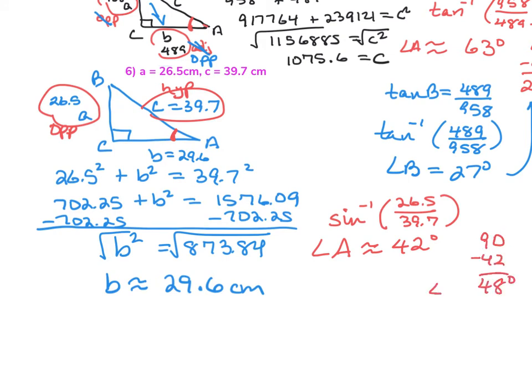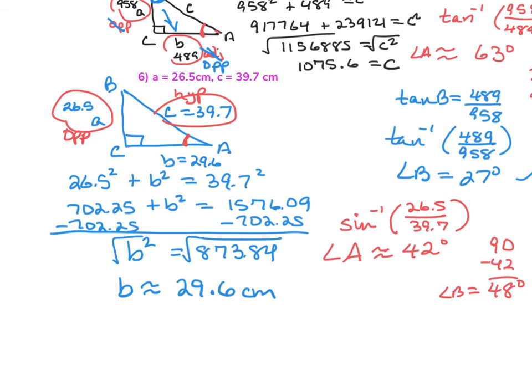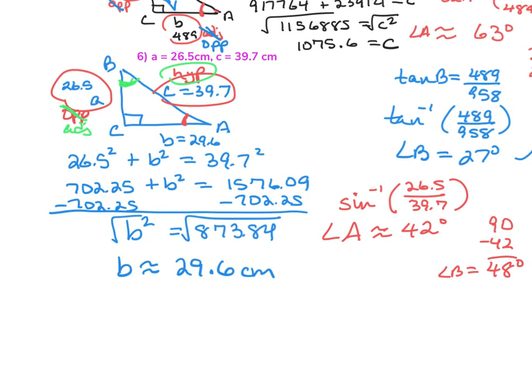And angle B is 48. But let's just go ahead and relabel the sides based off of angle B. So based off of angle B, this is now not the opposite anymore. It's adjacent, but hypotenuse is still the hypotenuse. So the trig function that uses adjacent and the hypotenuse is cosine.